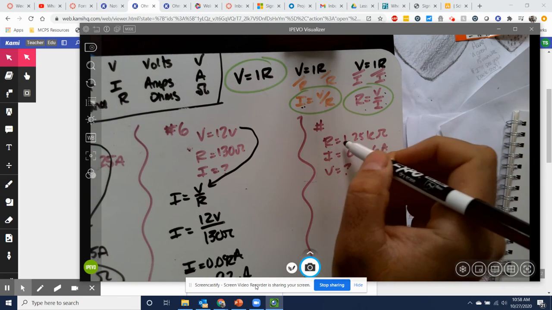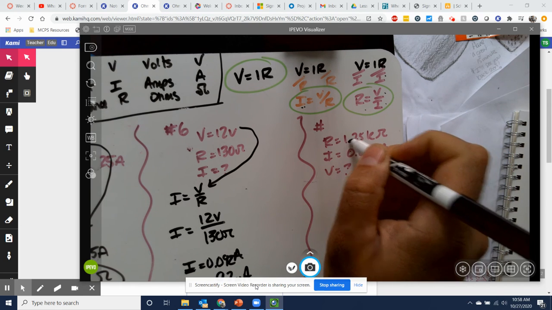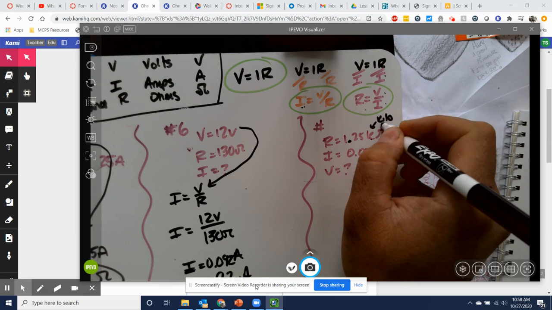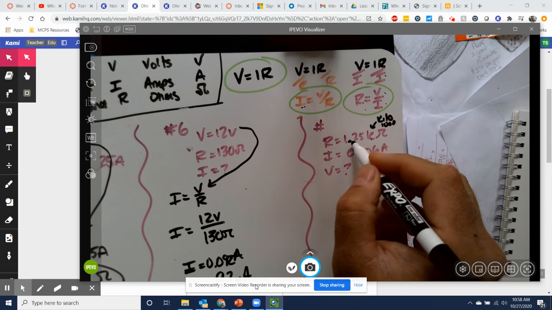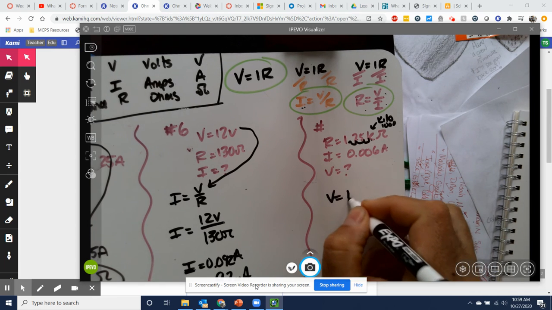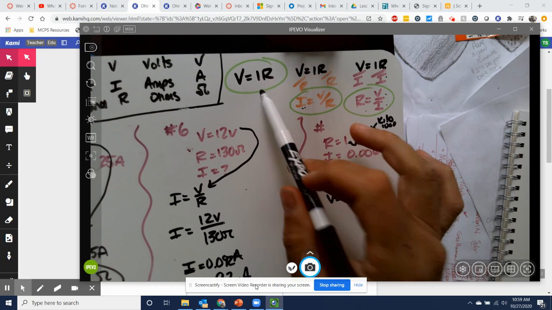Last one, they gave me resistance, 1.25 kilo ohms. Kilo means 1,000, right? So I'm going to move my decimal place 3 places to the right. Voltage equals current times resistance. That is Ohm's law.